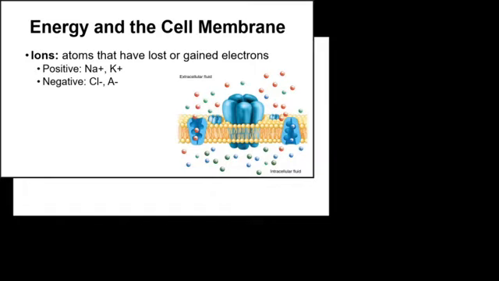So things like potassium and sodium are positives, the Na for sodium and K for potassium. Those are atoms, but things like our negative, the A minus, is just meant to indicate some kind of organic anion. So it's sort of a general term.